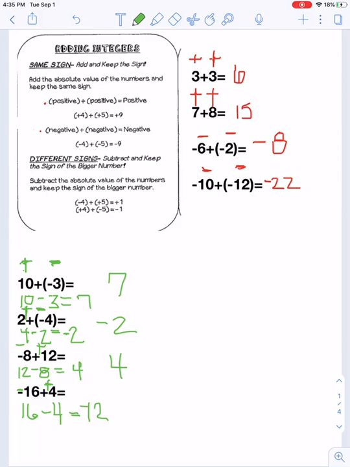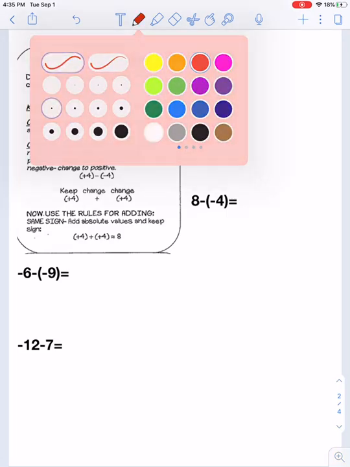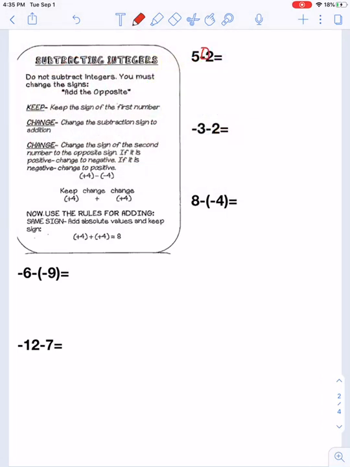Okay, so that's adding integers. And adding integers is the foundation, especially because subtracting integers, we're going to have to go back and add integers. And that's what we're going to talk about next. So subtracting integers. When you are working with a problem that deals with subtraction, so that has a minus sign between the two integers, you have to do a couple things.